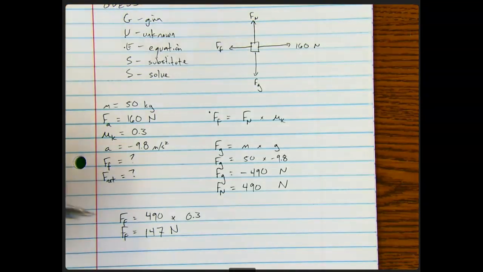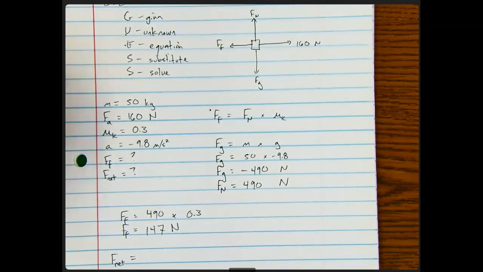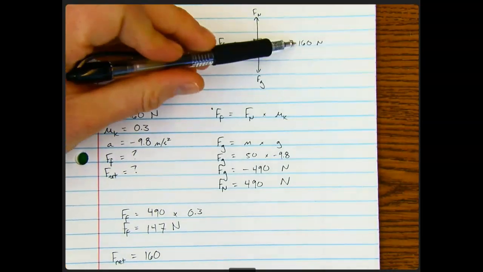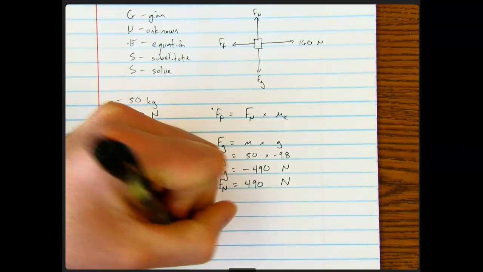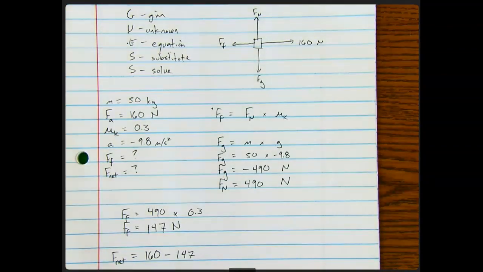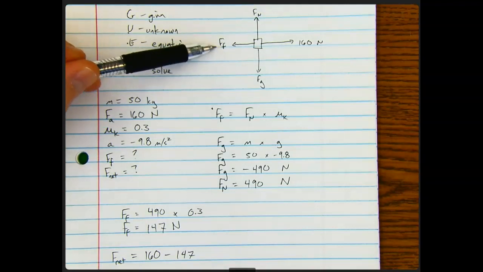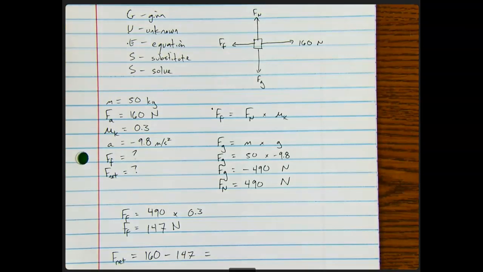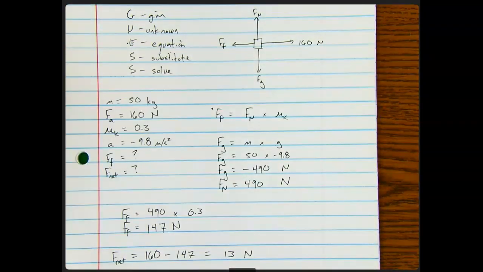In that case, my net force is going to be 160 because that's the force I'm applying, minus the force of friction. The force of friction is negative here because it's opposing my movement. It's going to be going to the left in this situation. So the net force overall is these two numbers combined, and that leaves me with 13 newtons.